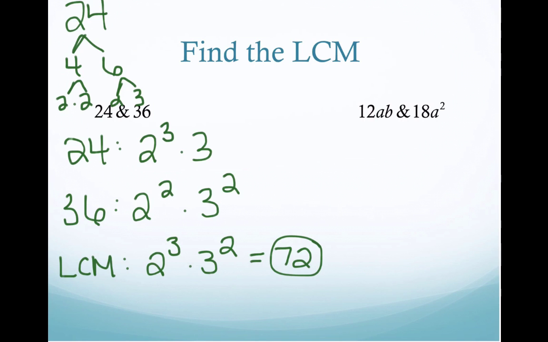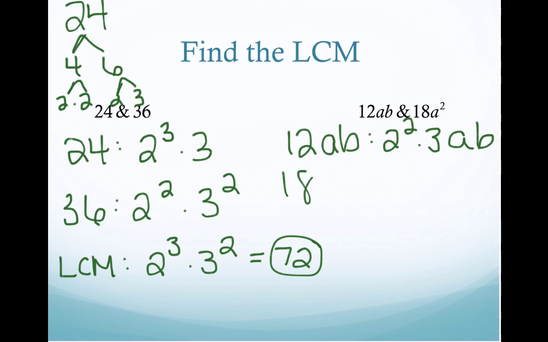We can apply that same principle when we have algebraic expressions such as 12ab and 18a squared. For 12ab, 12 can be factored into 2 squared times 3 times a times b. 18a squared is 2 times 3 squared times a squared.